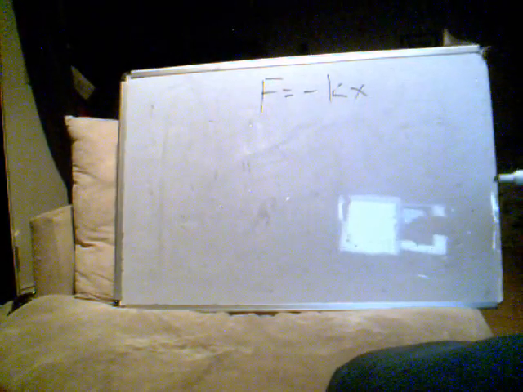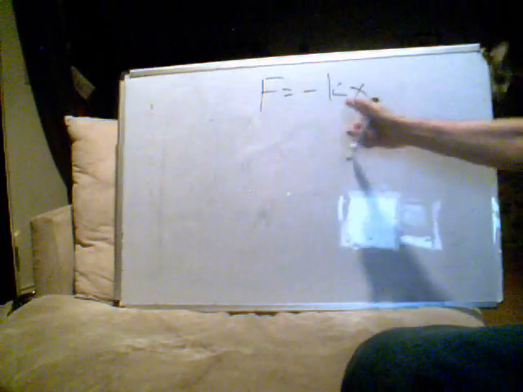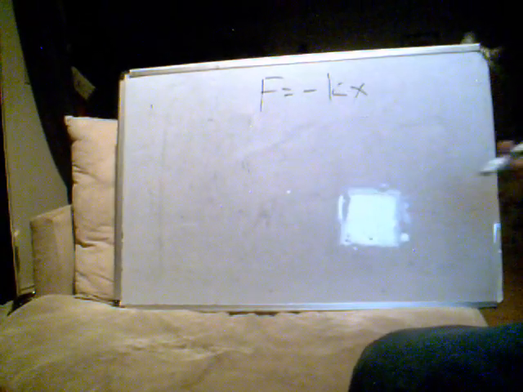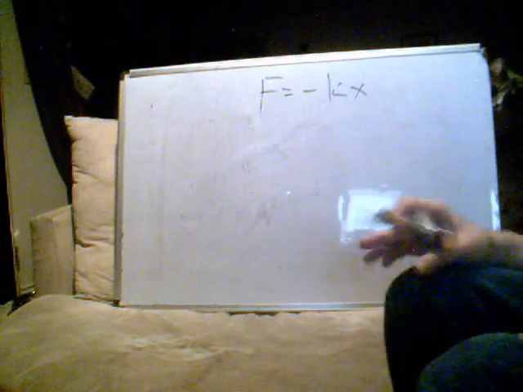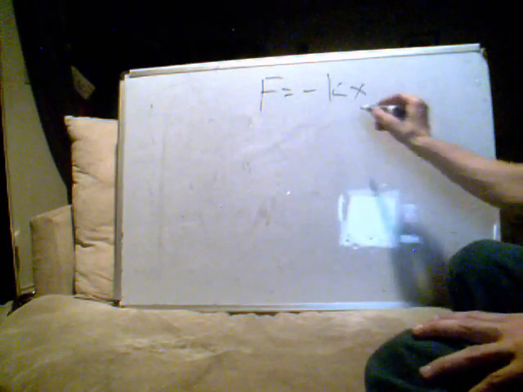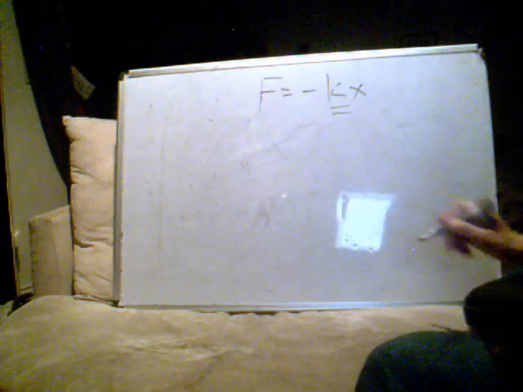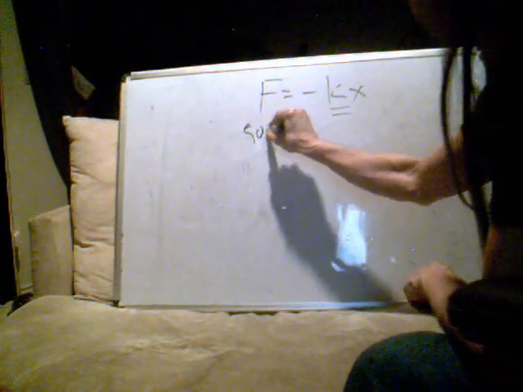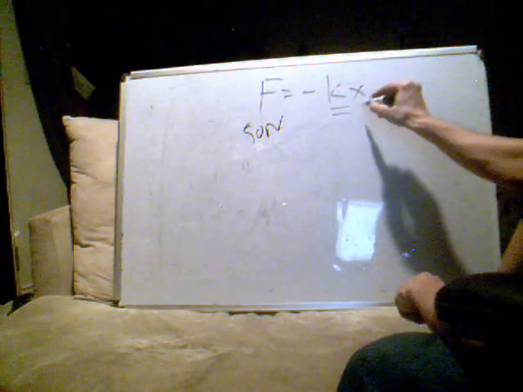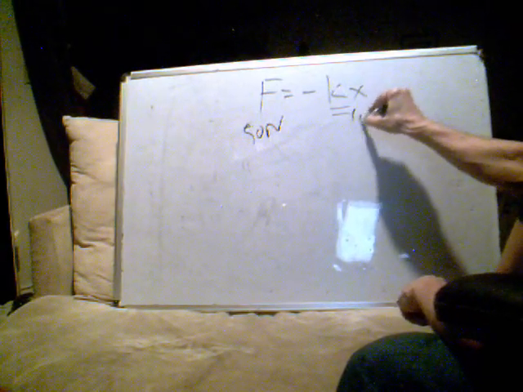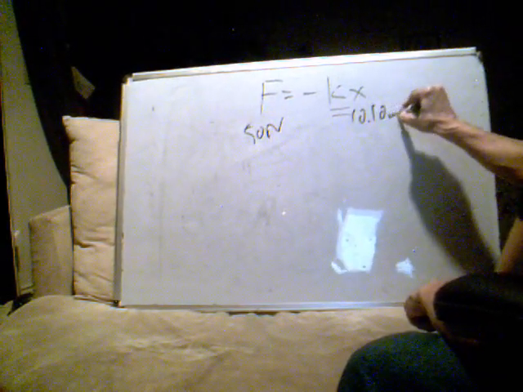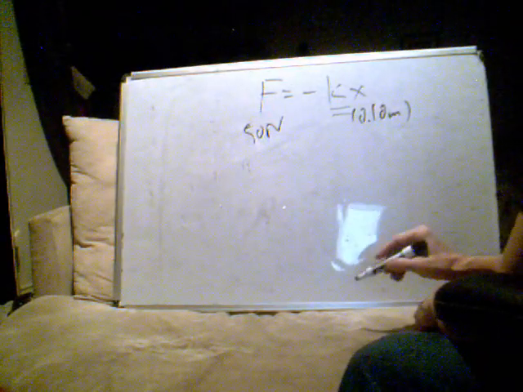So if you were to get a physics problem with this in it, you would probably have 2 of them and be asked to solve for the 3rd. Let's just work a simple example, shall we? Let's try to solve for this thing maybe. So let's say that a force of 50 newtons displaces a spring by 10 centimeters, or 0.10 meters. How big is the spring constant?